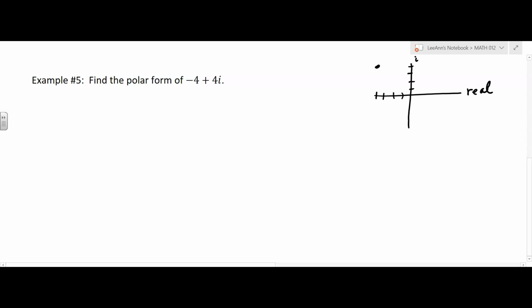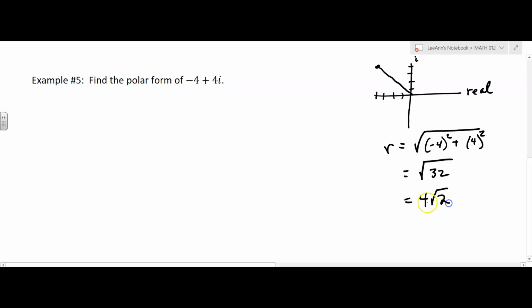But we're trying to find, remember, this distance here. So again, r is going to equal the square root of -4 squared plus 4 squared, or the square root of 16 plus 16, which is 32. If I simplify that, I'm going to have 4 times the square root of 2. That's r.